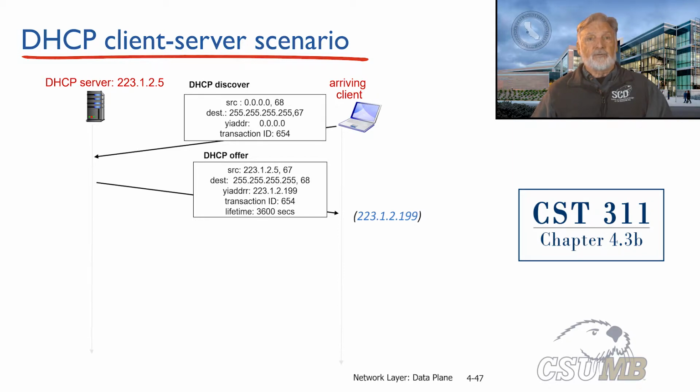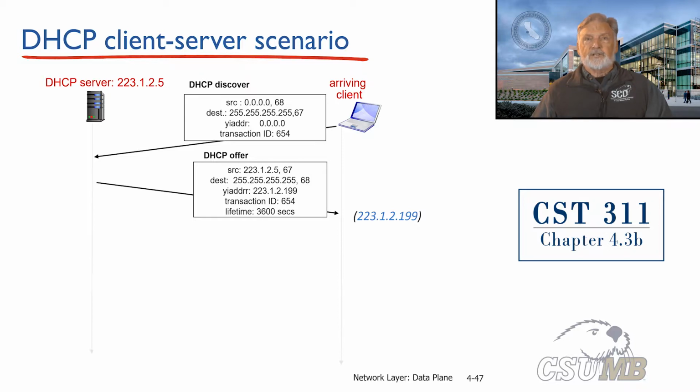For example, the server could offer the address of 223.1.2.199, which is on the same subnet as the DHCP server. This offer message is broadcast to all nodes on the subnet using the broadcast address of all 255s. The laptop does still not yet have its IP address.